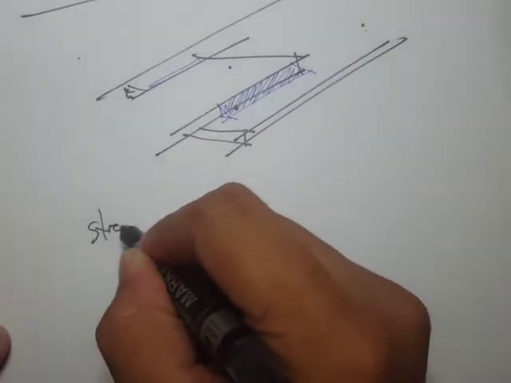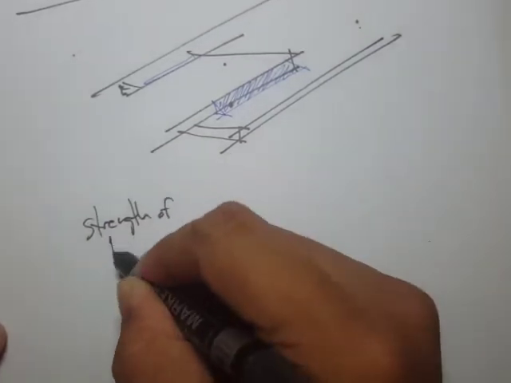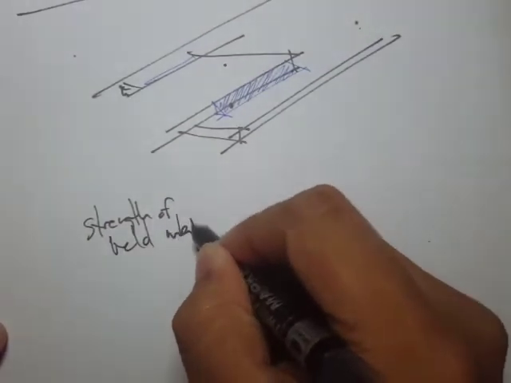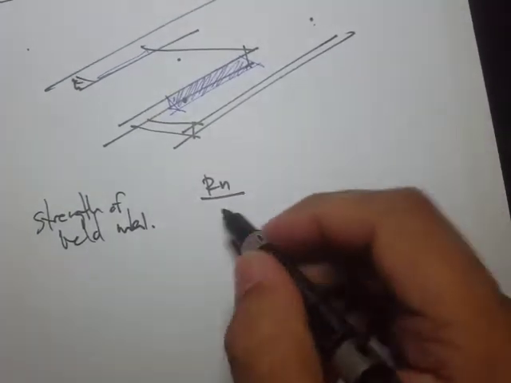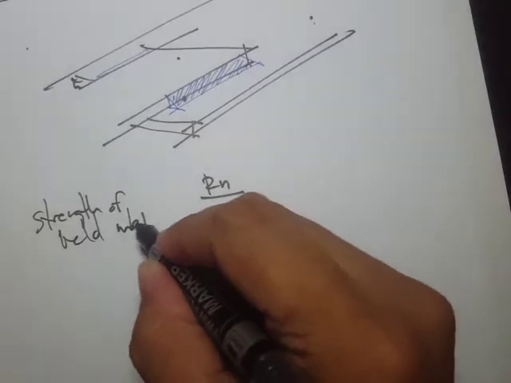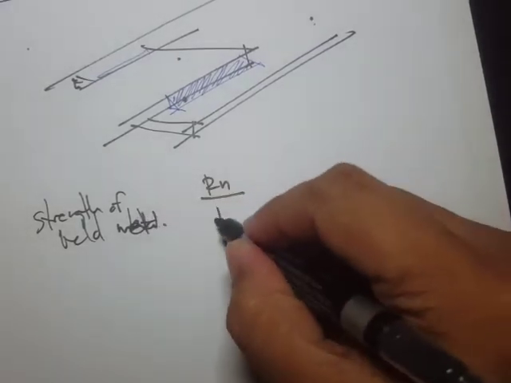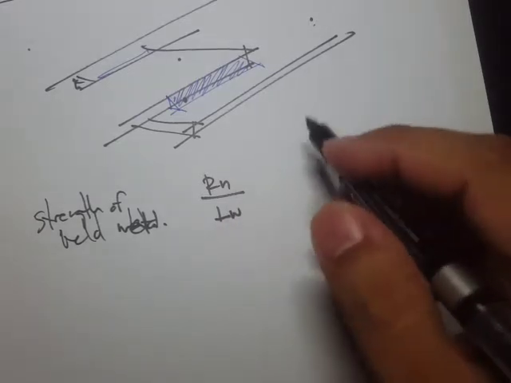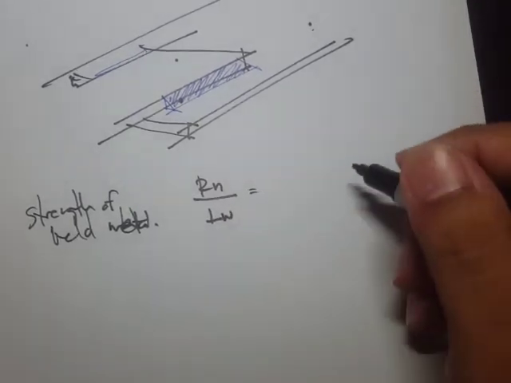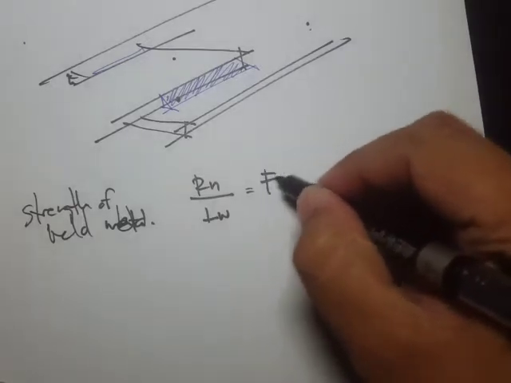Okay, so strength of weld metal. We have Rn, the strength of weld metal per length of weld. Per length of weld can be computed by this equation.